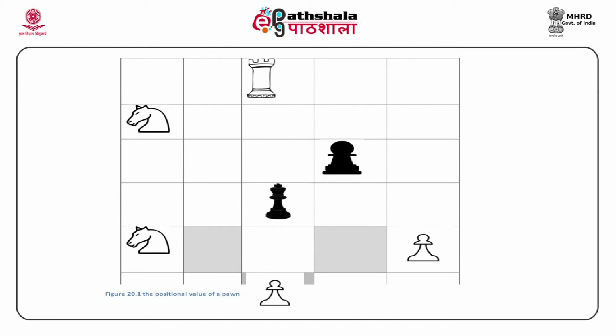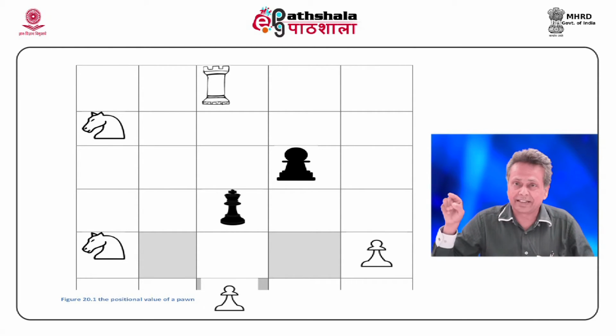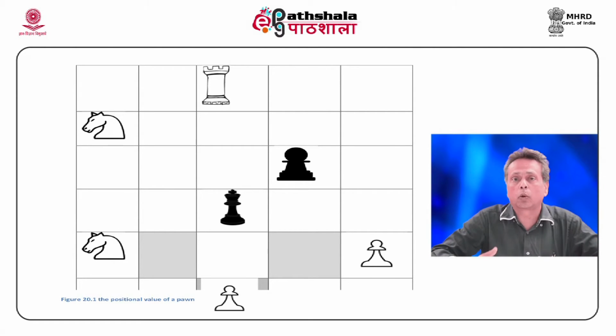It can come down, but if it comes down, there is a threat from the rook, so it cannot come down directly. It has only two options, left and right, and if I place the pawn in the position that is shown, that pawn's position at that point of time is worth more than a queen's position, because that will help me check the king and the game will be over.